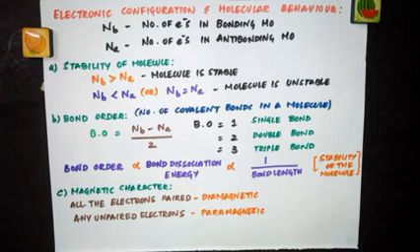The electronic configuration of the molecule, or the molecular orbital energy level diagram, gives very valuable information regarding the behavior of the molecules. I have listed a few pieces of information that you can get from the molecular orbital diagram.